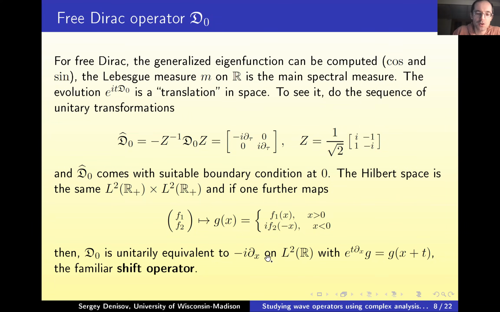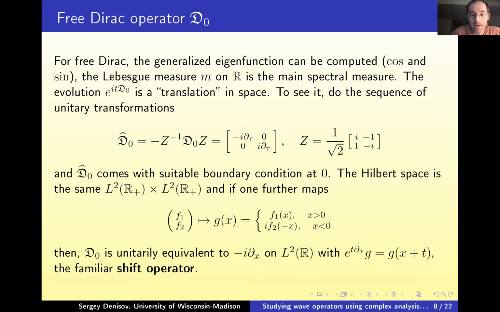If you look at this operator, negative I partial derivative in X on the whole real line, you don't need boundary conditions, you don't need anything. It's going to be a self-adjoint operator with domain of definition a Sobolev space of degree 1.